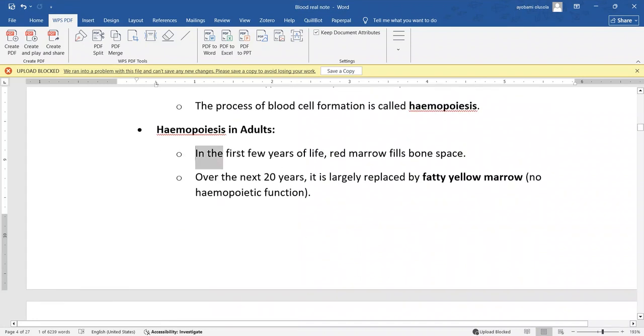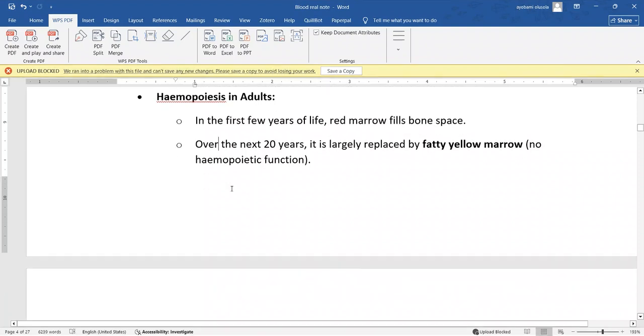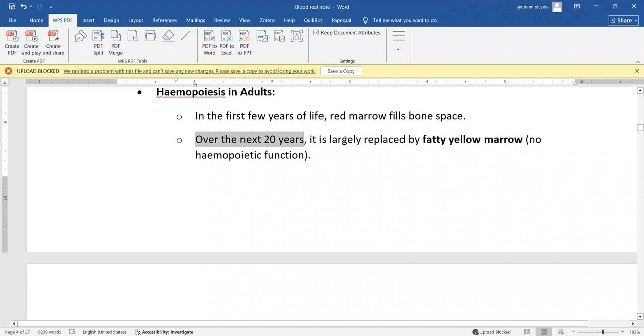Now, when you are a baby, your red marrow fills bone space. But as you keep growing, that red marrow is largely replaced by fatty yellow marrow.